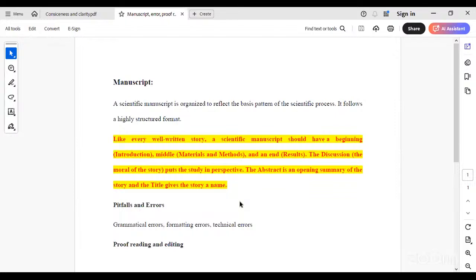In materials and methods, we describe the research design and methodology. Research design means whether we have done a qualitative study, a quantitative study, a prospective observational study, a retrospective observational study, a cohort study, or a longitudinal study.